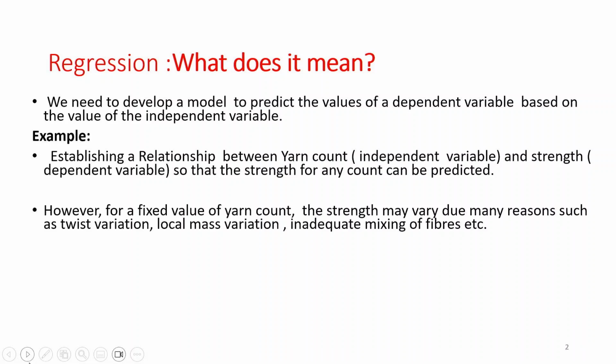Similarly, for a fixed value of yarn count, the strength may vary due to many reasons, such as twist variation, local mass variations, or inadequate mixing of fiber, etc. So these are possible.